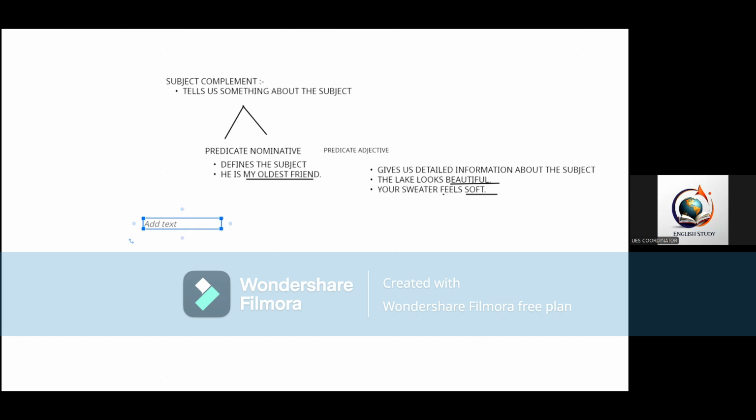The predicate adjective must be preceded by a linking verb, like we can say feel, like you can say seem, like we can say a be verb.